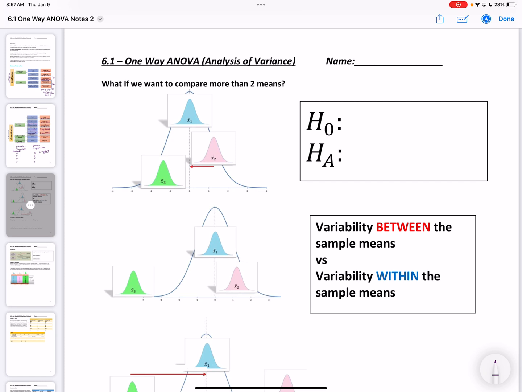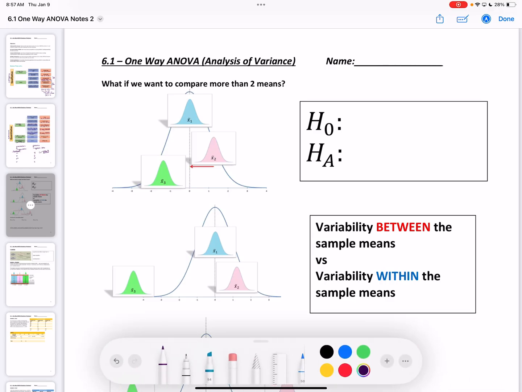Okay, so what if we want to compare more than two means, right? We want to compare more than two means. So if you look, I'm going to highlight some so you can see things. So this is a population right here, okay? Everybody see that? That's a population. So let's say that population is all college football players.